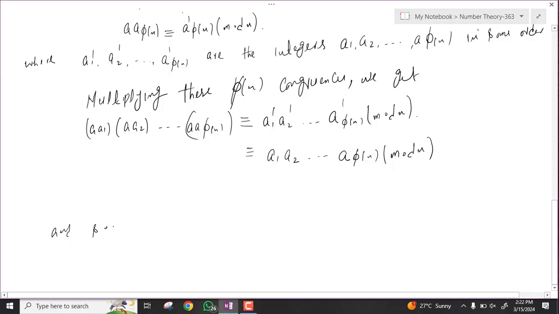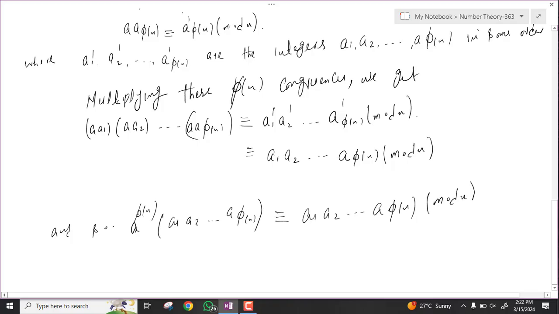So here is A1, A2, A phi of n. This means A is multiplied phi n times. This means A power phi of n into A1, A2, and so on, A phi of n is congruent to A1, A2, and so on, A phi of n modulo n.